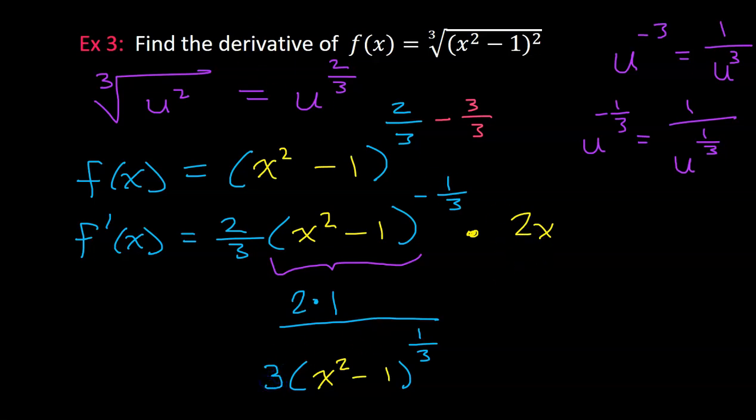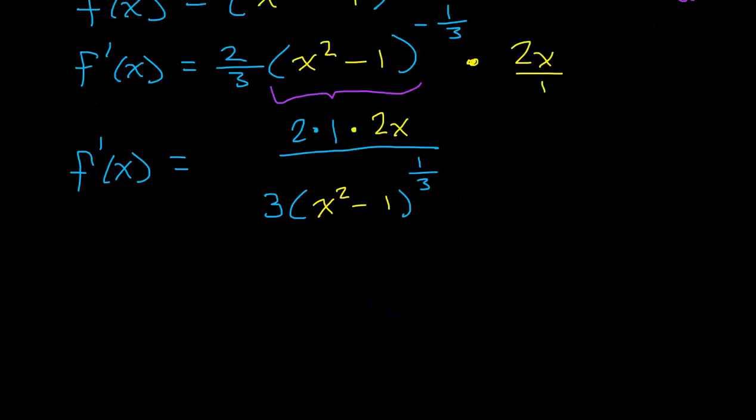Now, what about the 2x over here? Well, this is like having 2x over 1. So the 2x is going to end up in the numerator. So let's just clean this up a little bit. We're going to have f prime of x is equal to, and in the numerator, we're just going to have 4x.